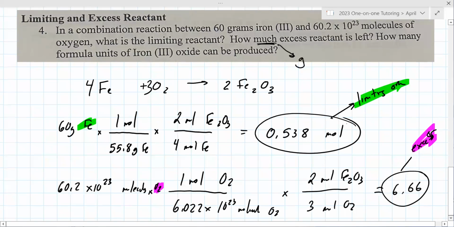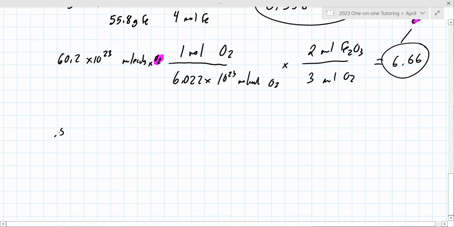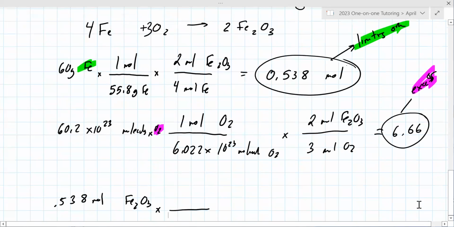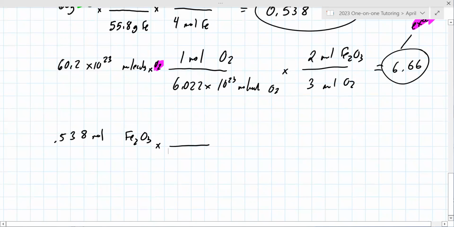So you start with the limiting one and you say, okay, I have 0.538 moles of the Fe2O3. And we're going backwards now. How many grams of oxygen did you really need? To do that, you again use the mole conversion.